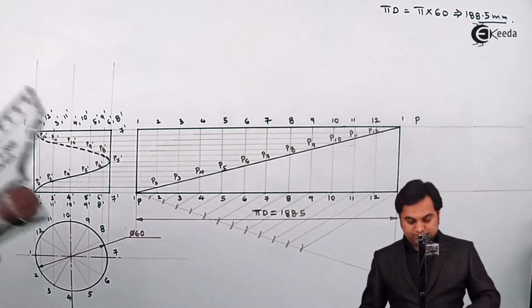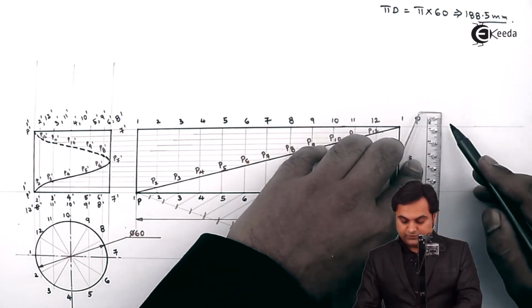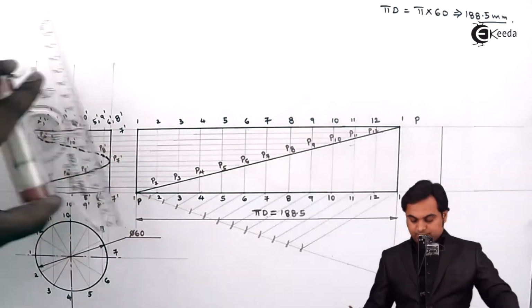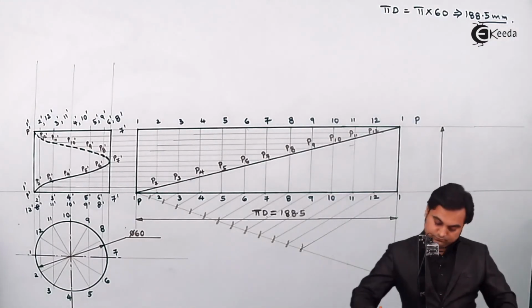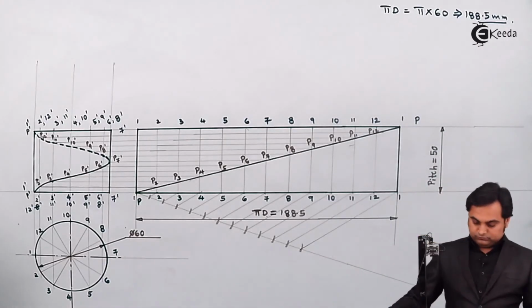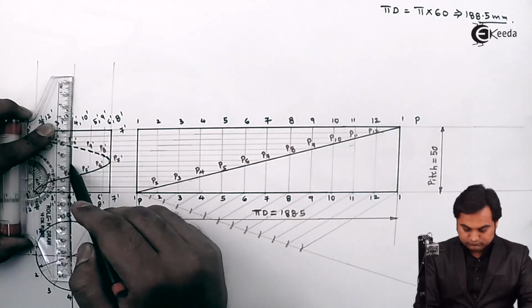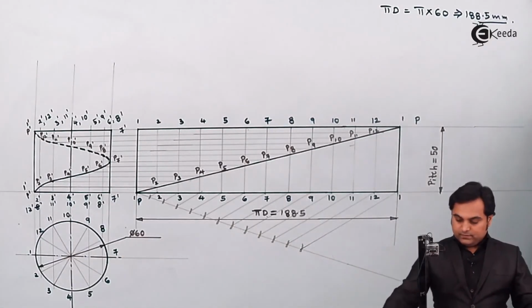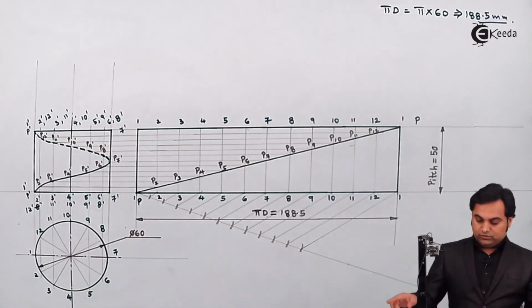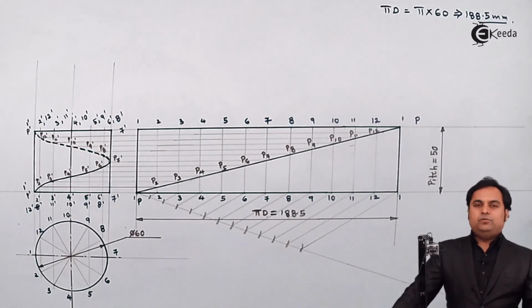Then the pitch corresponding to the height of the cylinder. So this is the development of the cylinder having the helix, and with this the problem gets completed.